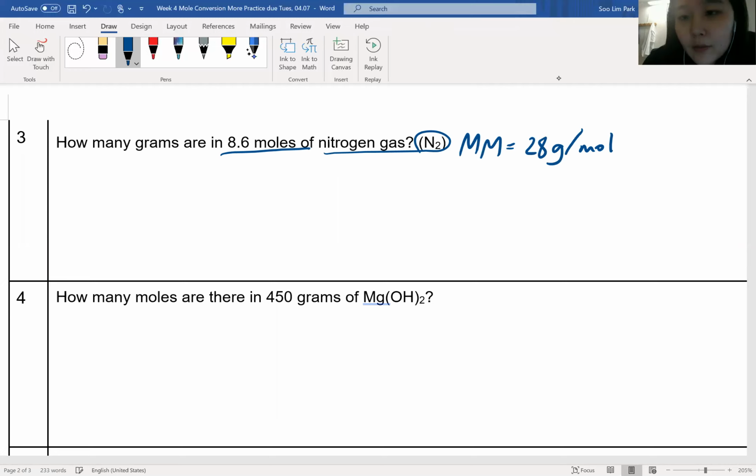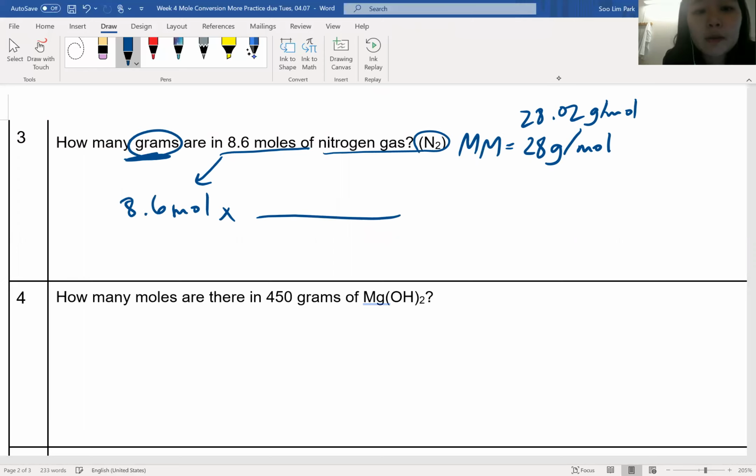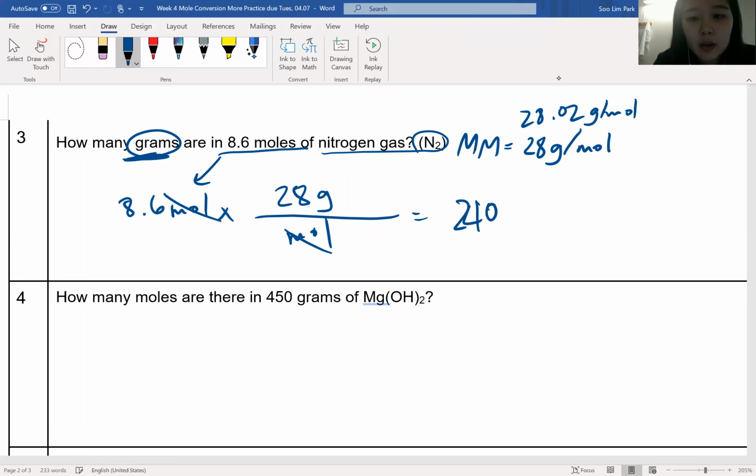You might have gotten 28.02 if you rounded it differently, but I'm just going to use 28 grams per mole here. We're given 8.6 moles and we're trying to look for grams, so this is a multiplication problem. I'm going to put molar mass on top, mole on bottom, and I get 8.6 times 28, which is 240.8 grams of nitrogen gas.